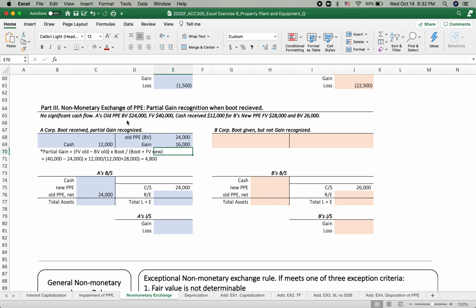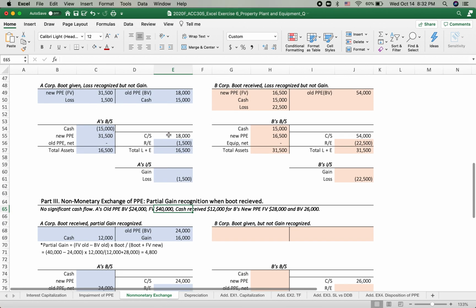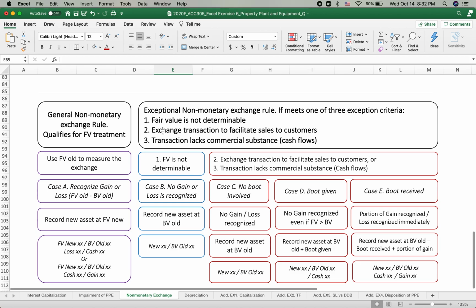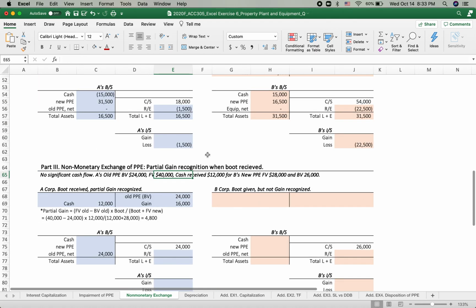No, it's not the gain we can recognize in full. Because again, this fair value of $40,000 we cannot trust, because that is the exceptional case of an exchange transaction to facilitate sales, or a transaction that lacks commercial substance, which means cash flows we cannot trust.